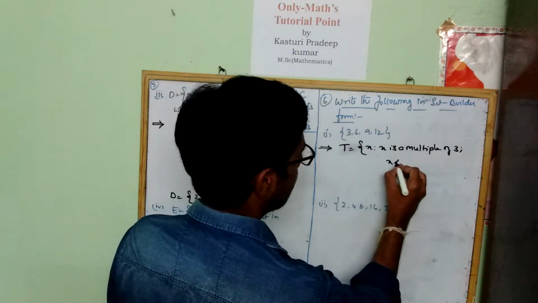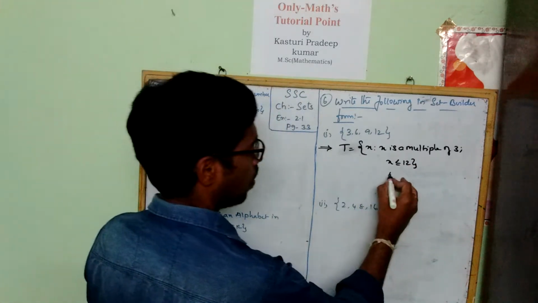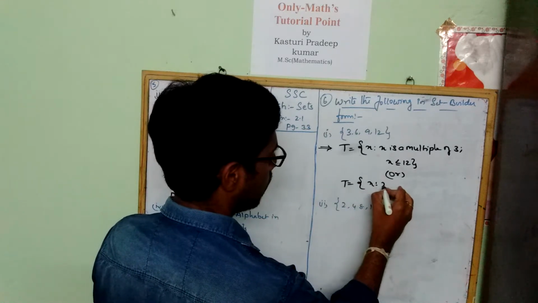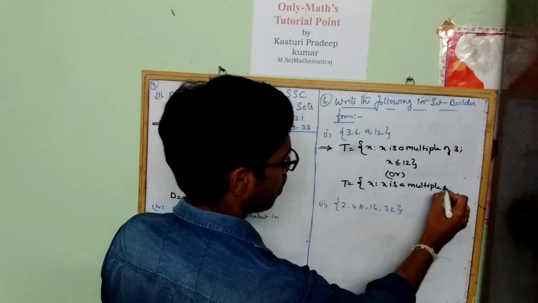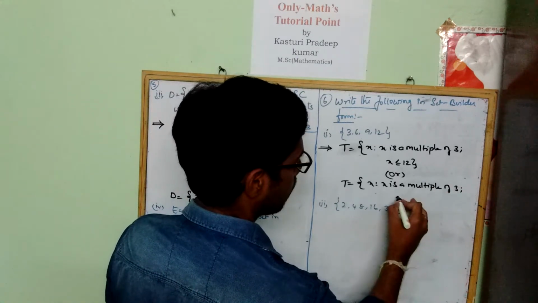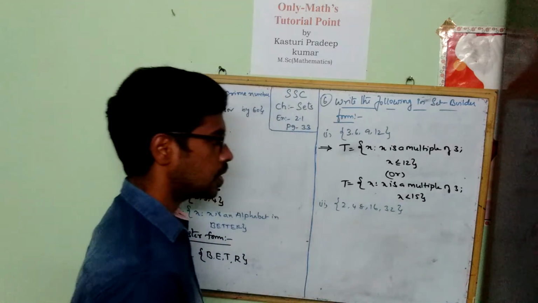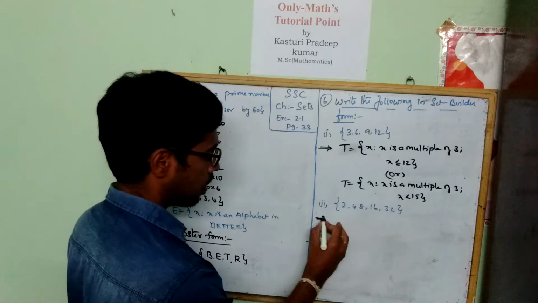And x less than or equal to 12. Or you can write T equal to x colon x is a multiple of 3 and x less than 15. You can write anything.